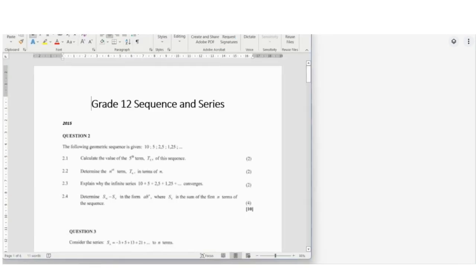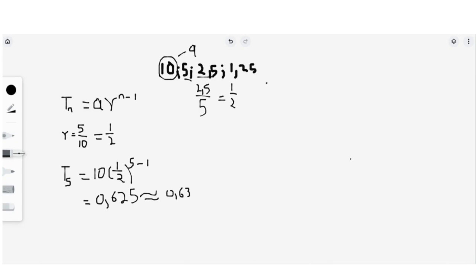All right. The next question says, determine the nth term Tn in terms of n. We want the nth term Tn in terms of n. So what will be our term then?